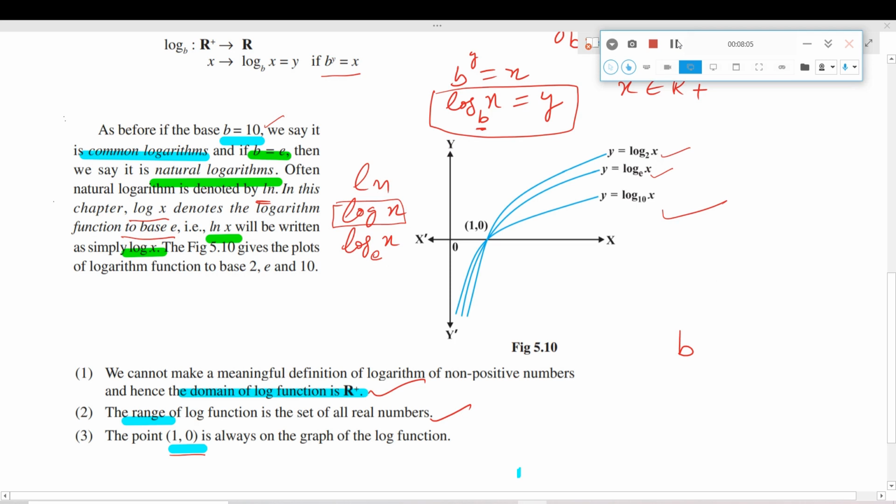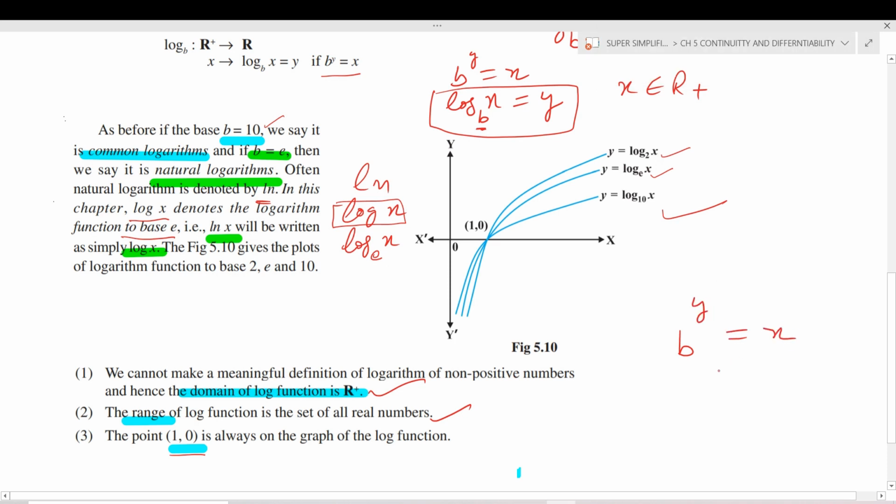So if you take x to be 1, you have to take y to be 0 to get x equal to 1.